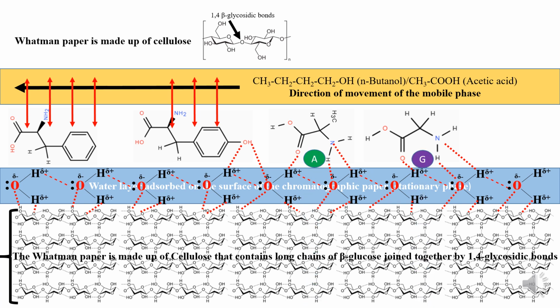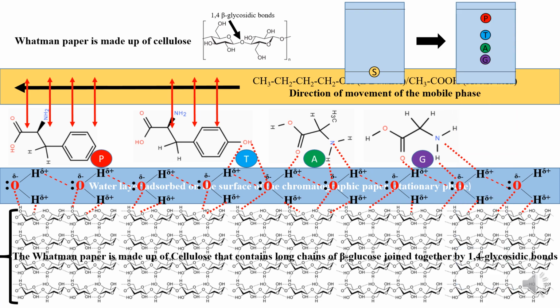And that is how the 4 amino acids glycine, alanine, tyrosine and phenylalanine get separated into individual components due to their partitioning between the stationary phase and the mobile phase. So the sample is applied on the baseline, and remember this sample is a multi-component mixture made up of glycine, alanine, tyrosine and phenylalanine.